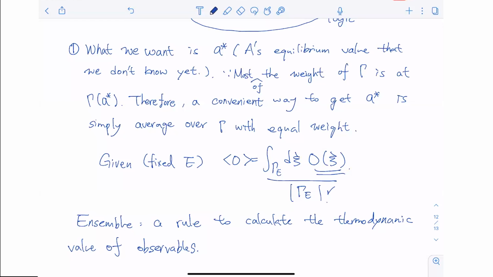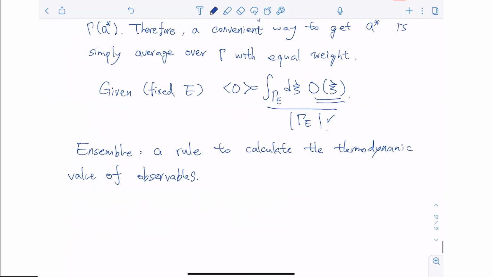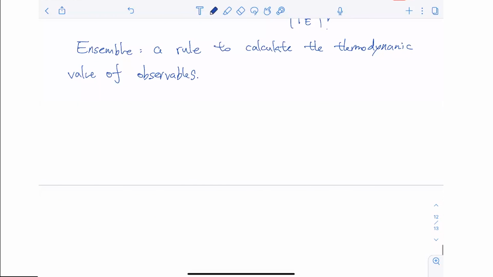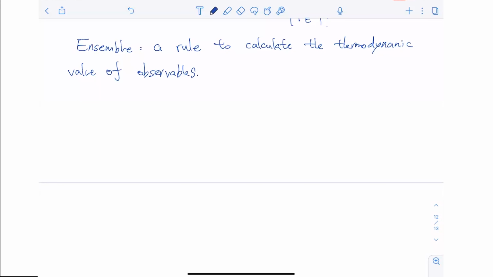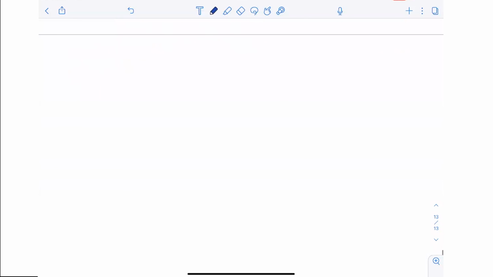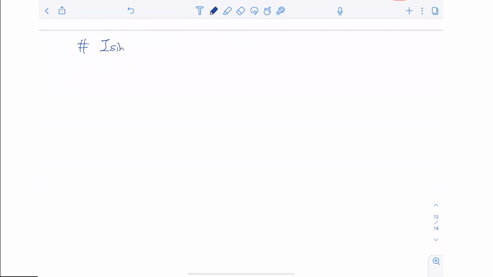Okay, so now I'm going to use a relatively simple example to show how to use that idea to calculate explicitly. So consider a simple model. Let's call it the Ising paramagnet.